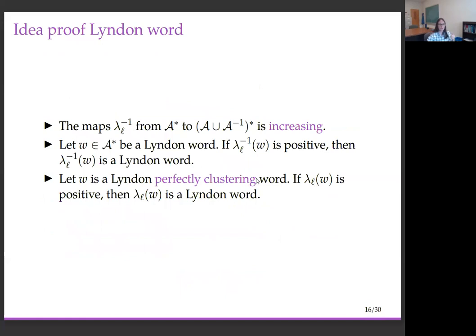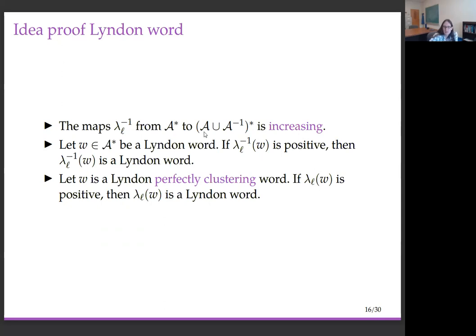And for the proof that both morphisms send Lyndon words to Lyndon words, so the smallest one, this is kind of strange, but you can show that if you take the map lambda L inverse as a map from A star to the monoid A star union its inverse letters, it will be increasing.